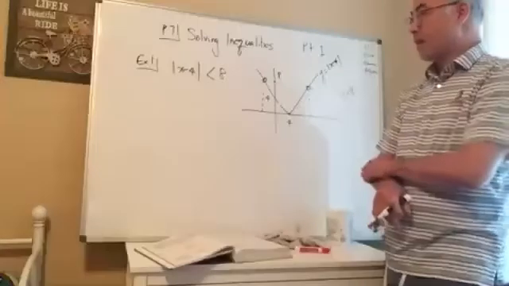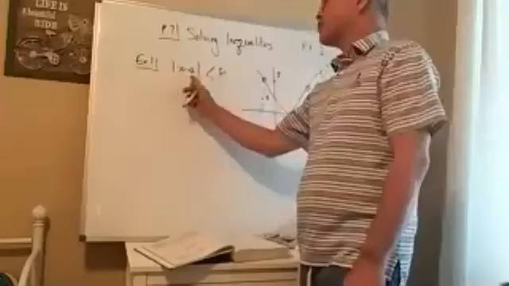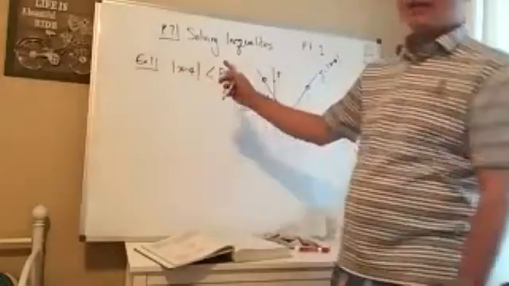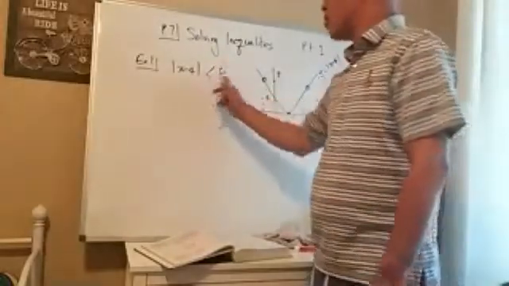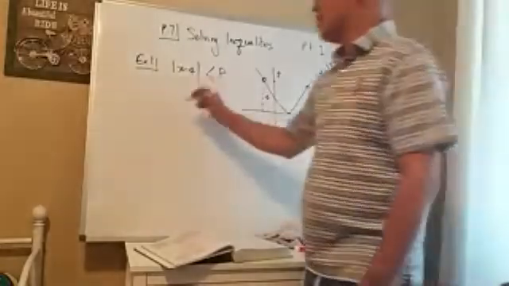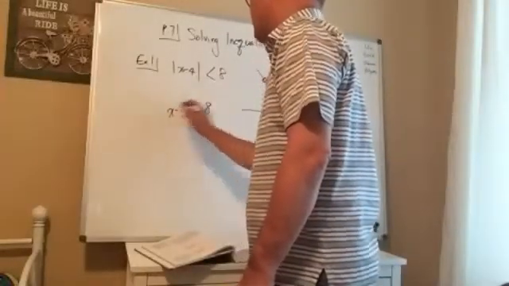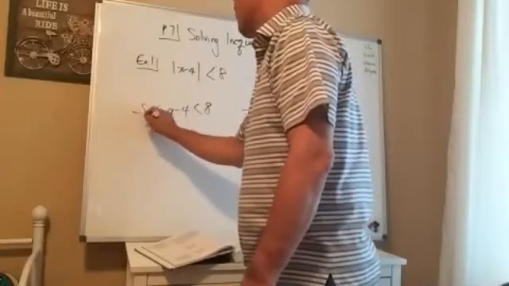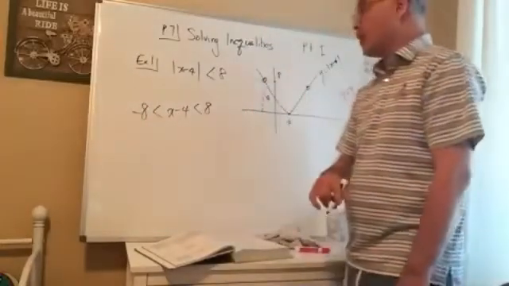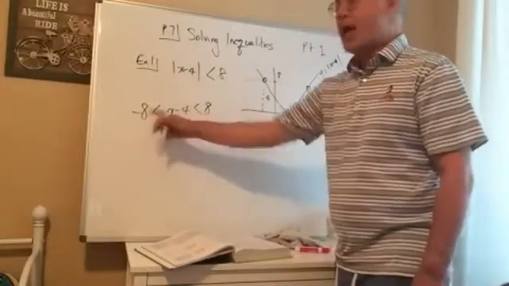Algebraically, when I say that the absolute value has to be smaller than 8, or less than 8, what that really means is that x minus 4 is between 8 and minus 8, because it has to be between these to have an absolute value that is smaller than 8.